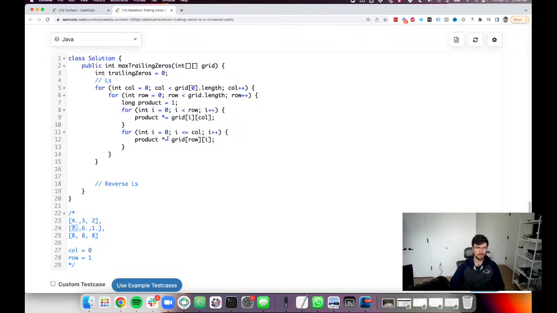But if we do it this way, now we're going to get row is going to be 1, and then I is going to be 0, 1, 2, this should be grid dot length, or grid 0 dot length, and then it does become less than.